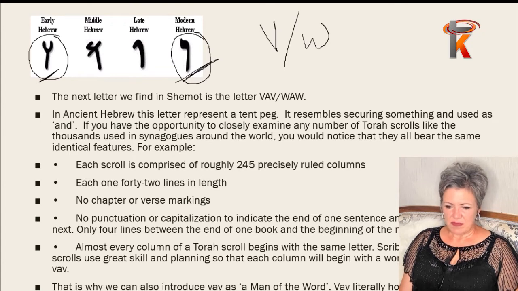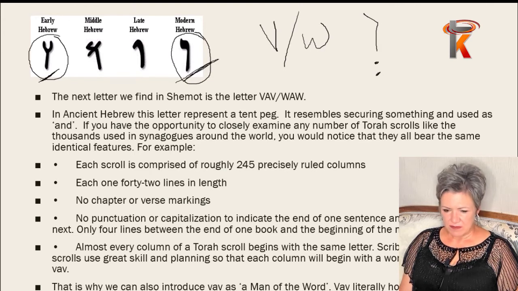So let's see. The next letter we find in Shemot is the letter Vav. In ancient Hebrew, this letter represents a tent peg. It resembles securing something and is used as and. Vav means and. It's a conjunction.